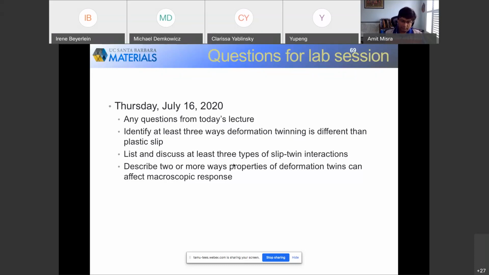With shape, you can get a sense that it must be a twin, but if you want to undeniably identify a twin, you need to identify the misorientation across its boundary.